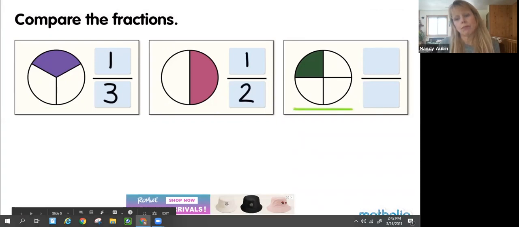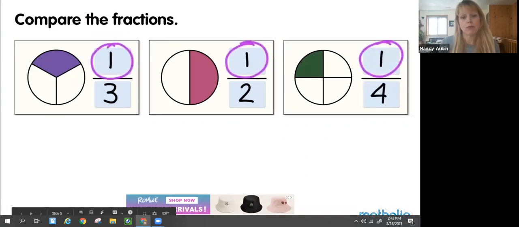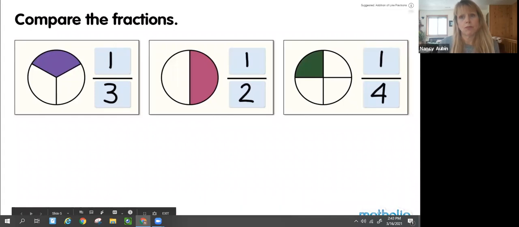One part is shaded. 1/4 of the circle is shaded. The numerators of each fraction is 1. These are all unit fractions. Greater denominators create smaller unit fractions, and smaller denominators create greater unit fractions.